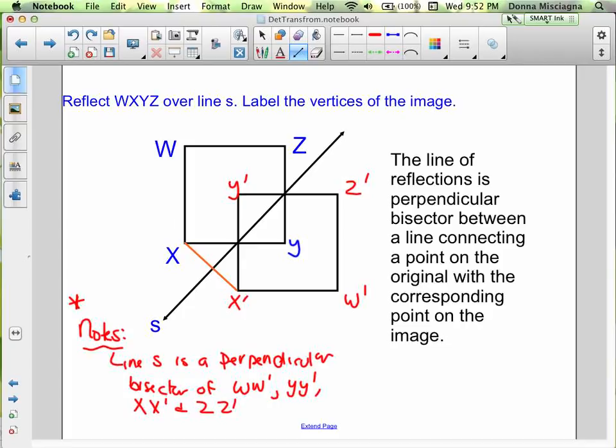There's our segment X, X prime, and notice line S is a perpendicular bisector for that segment. Here's Y, Y prime, and our line of reflection will be a perpendicular bisector for that segment, if I can get it in the right spot.